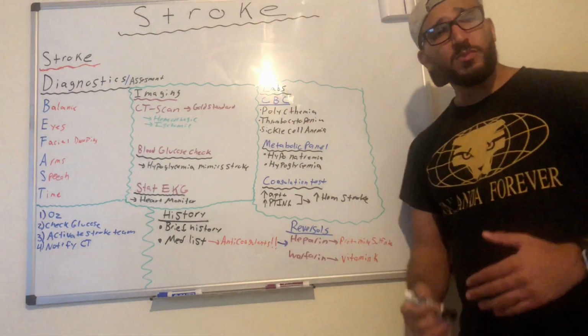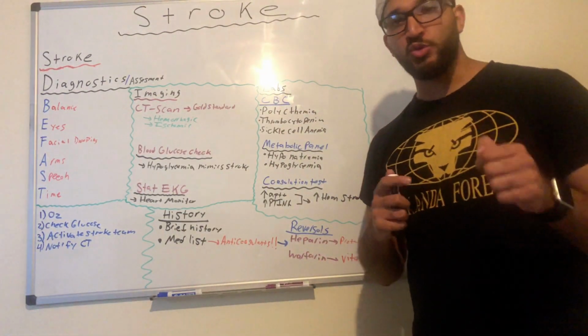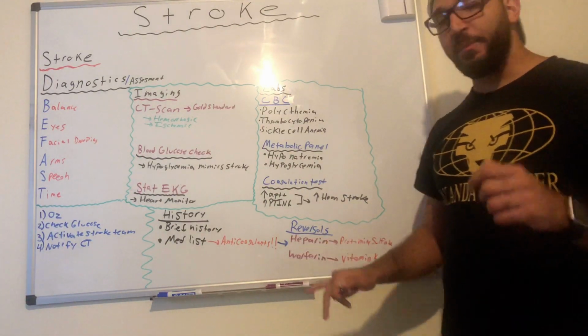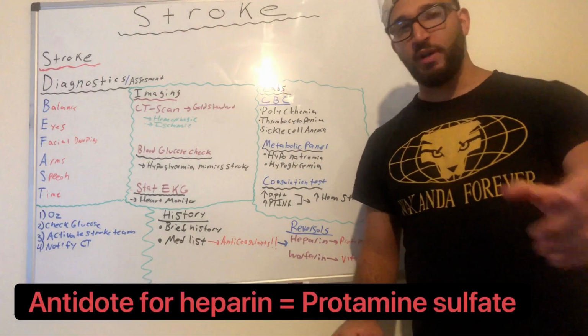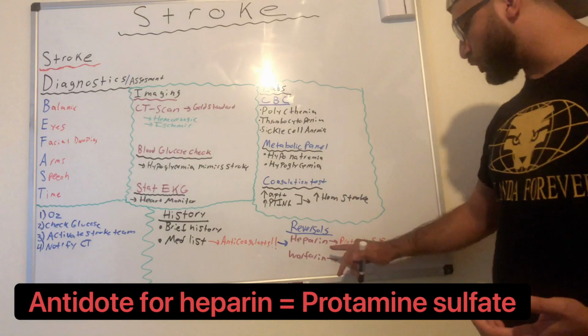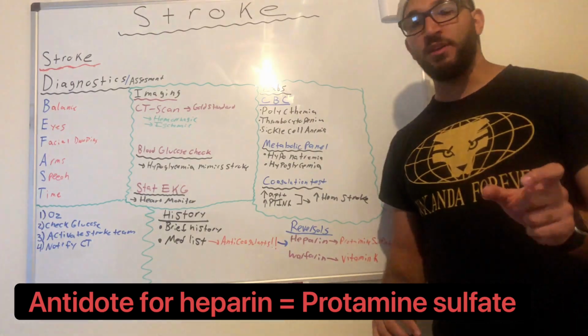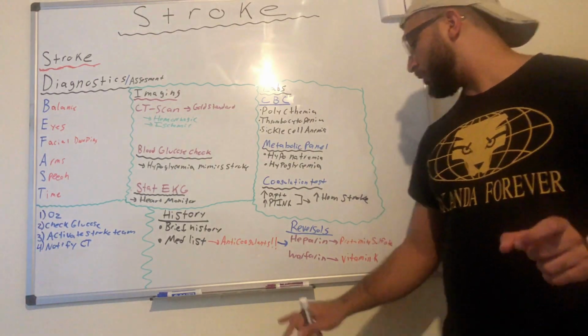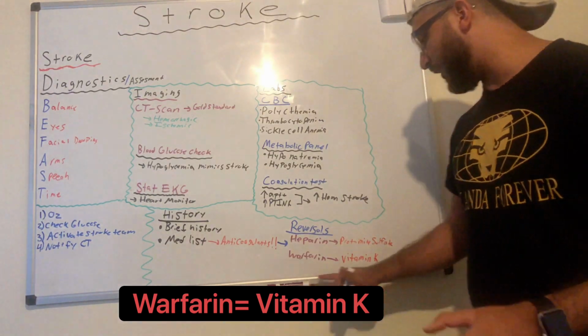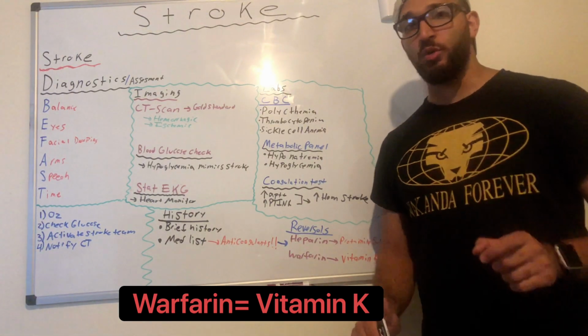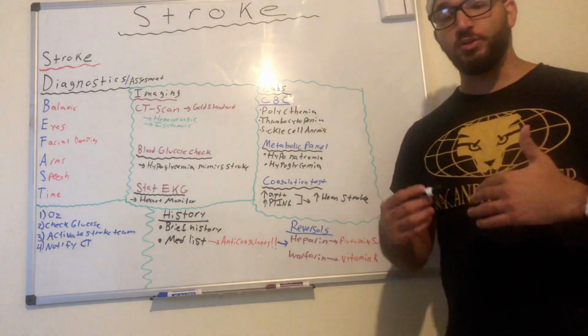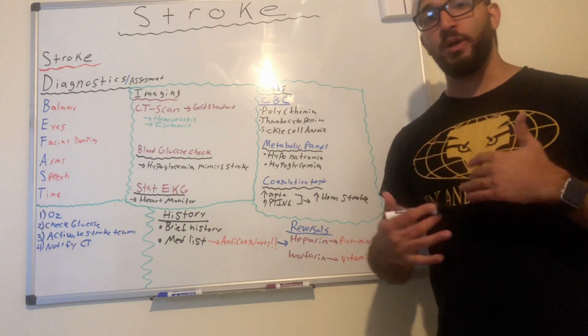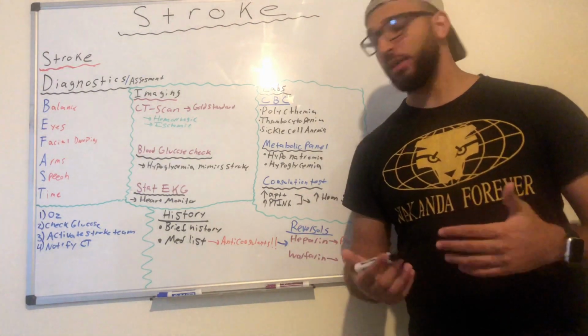So we want to have the reversals ready. If a patient is on heparin, for example, a heparin drip, the reversal is protamine sulfate. That is considered to be the antidote. If a patient is on warfarin, vitamin K is considered to be the antidote. So that's important to monitor and also to collaborate with the physician.